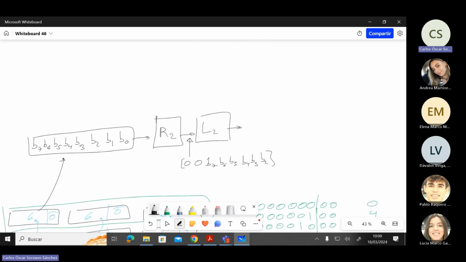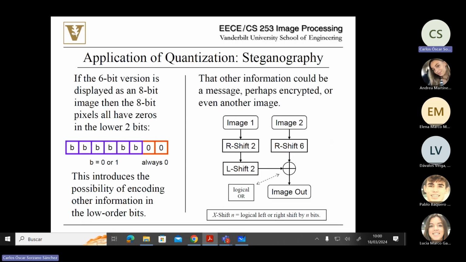This is what we get, having 7, 6, 5, 4, 3, 2, and then zeros. So with this bit movement, we can very easily get rid of the last 2 bits. So this is this branch.